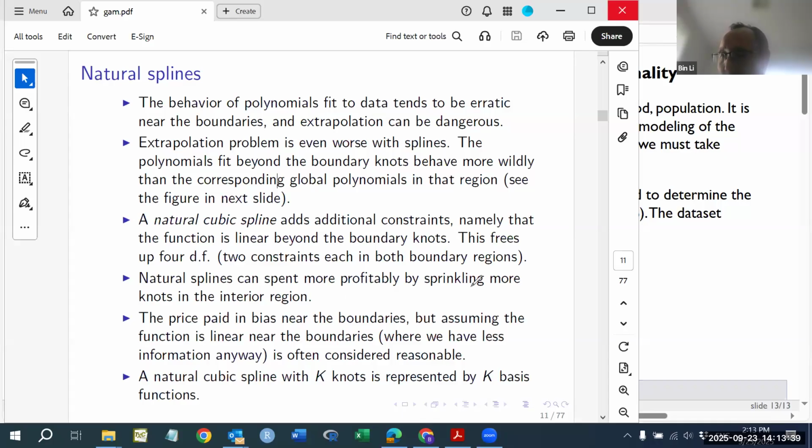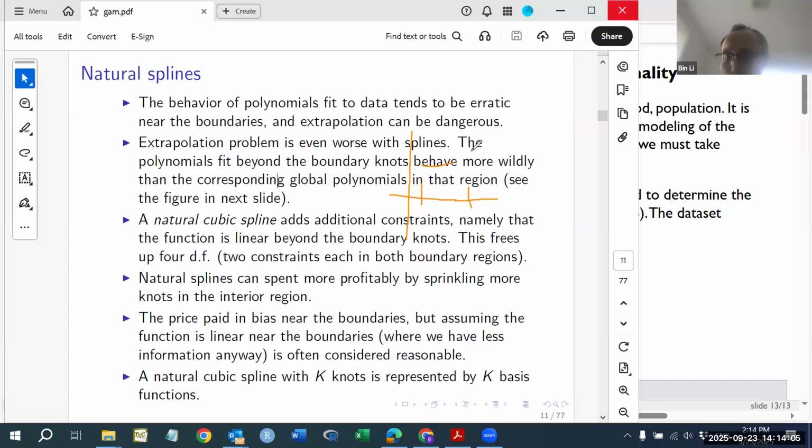Why? Because it has the cubic spline, right? If we use the cubic spline, it has the cubic spline on the boundaries. Okay, think about the data we observed having this range.